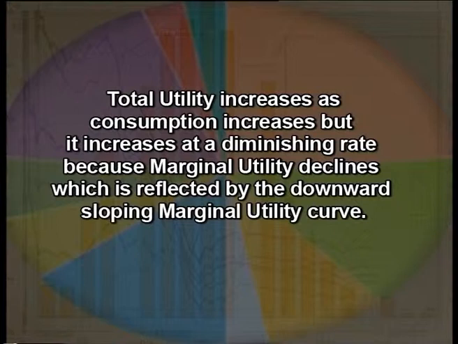Now, this law is based upon certain assumptions. For example, Boulding says that whenever a good is consumed, other goods remaining constant, then the additional satisfaction derived from the variant good goes on diminishing.